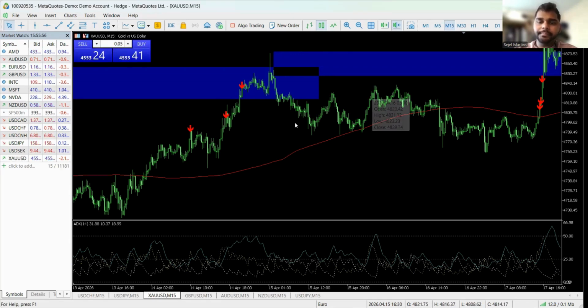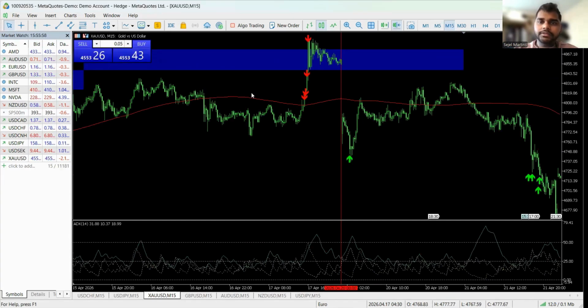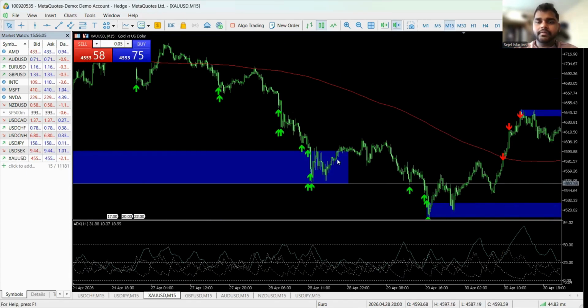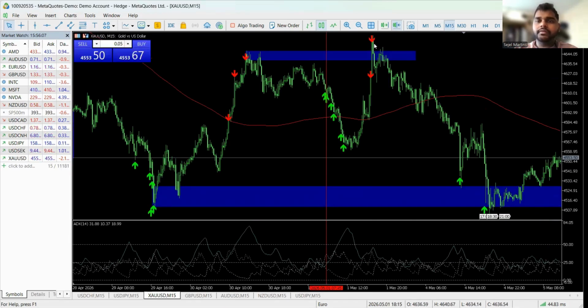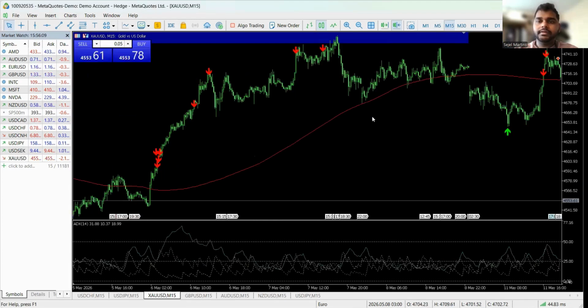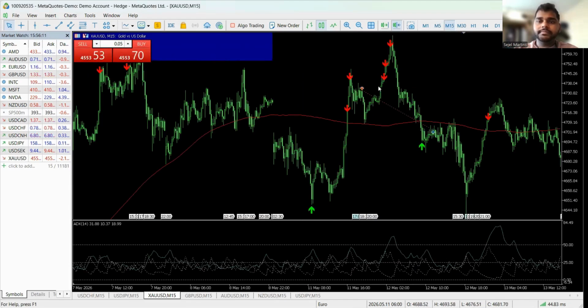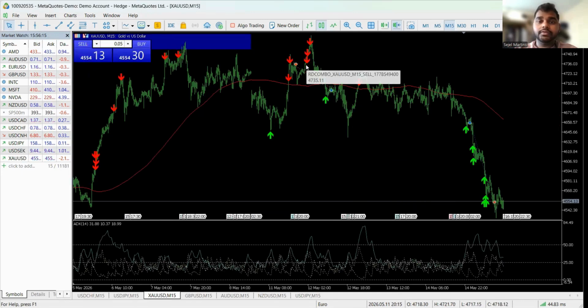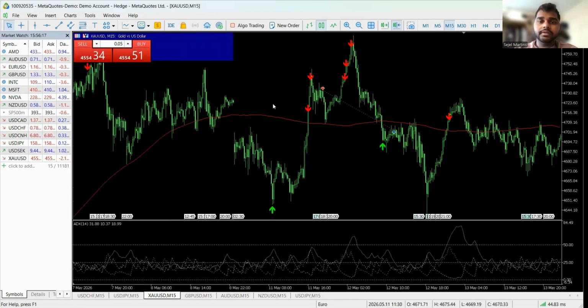So yeah, I'll show you some other trades. I could have taken this trade. There were a lot of other trades. There could have been this one over here. I think I took one of these trades. Let me just show. Yeah, I took this trade.